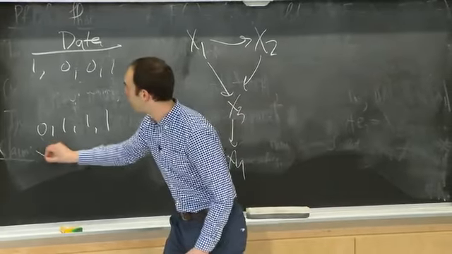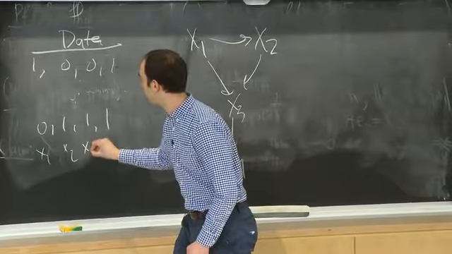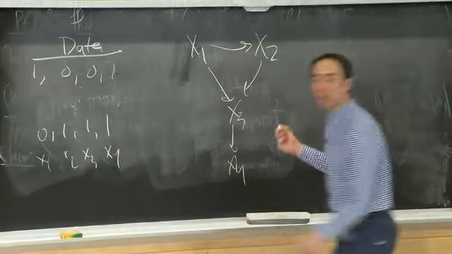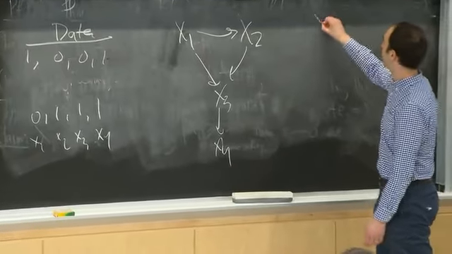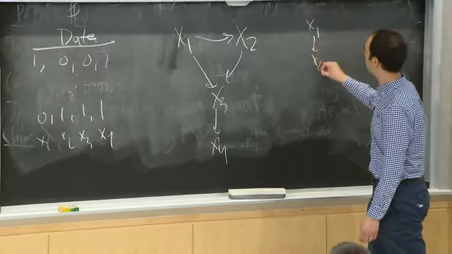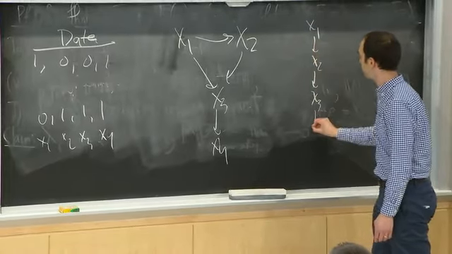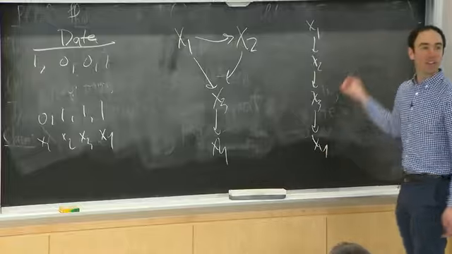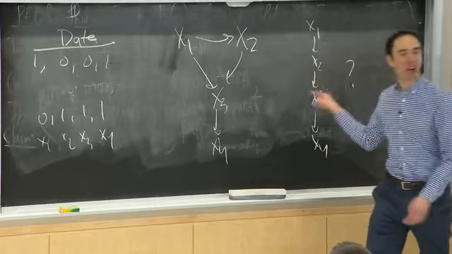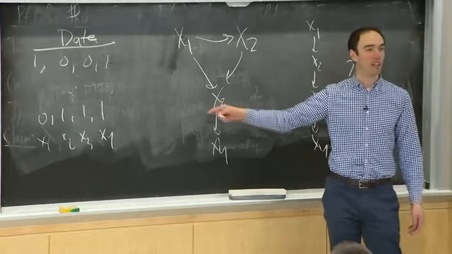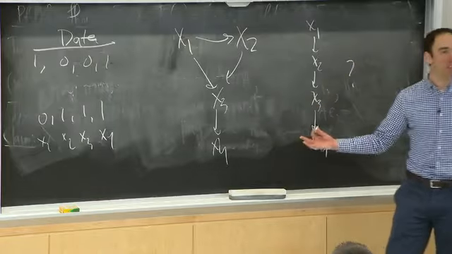Right, where I'll say this is x1, that's x2, x3, and x4. Or maybe the causal graph is x1 to x2 to x3 to x4. And trying to distinguish between these different causal graphs from observational data is one type of question that one can ask.